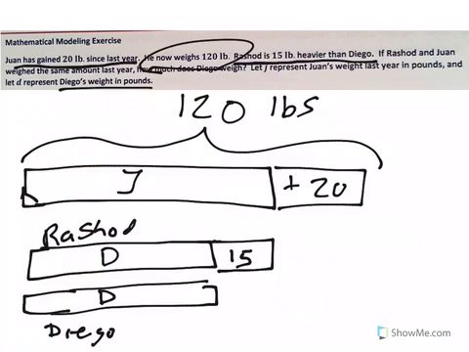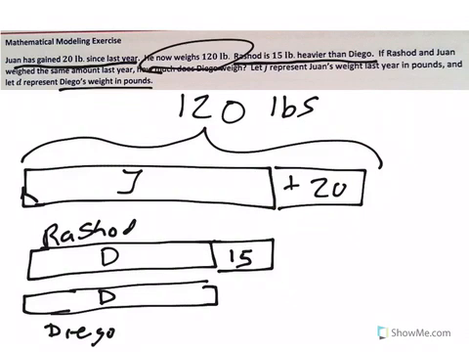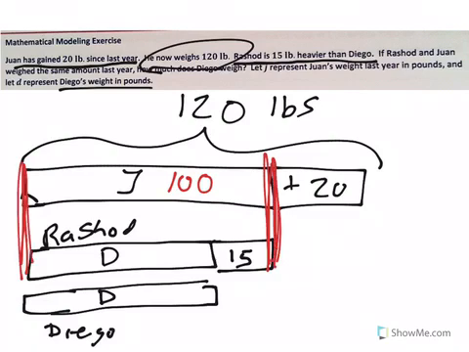Now we can start working backwards. If this whole weight here is 120 pounds, that would mean that Juan's weight before he gained the 20 pounds was 100 pounds, right? And since he weighed the same as Rashad, Rashad's whole weight was 100 pounds.